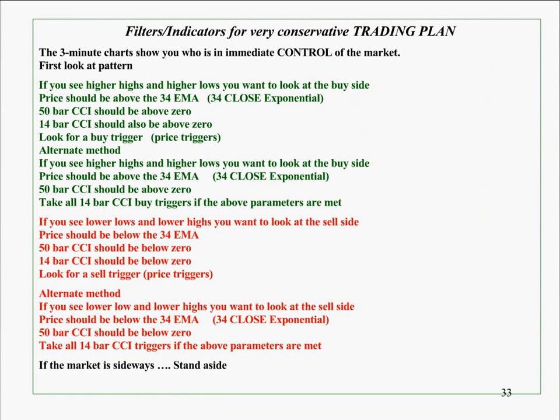You want price above the 34 EMA, and the settings are 34 at the close, exponential moving average. You want the 50-bar CCI above 0, and the 14-bar CCI should also be above 0. And then you look for one of those buy triggers, taking out a prior swing high, in this case, if it was for the buy side.